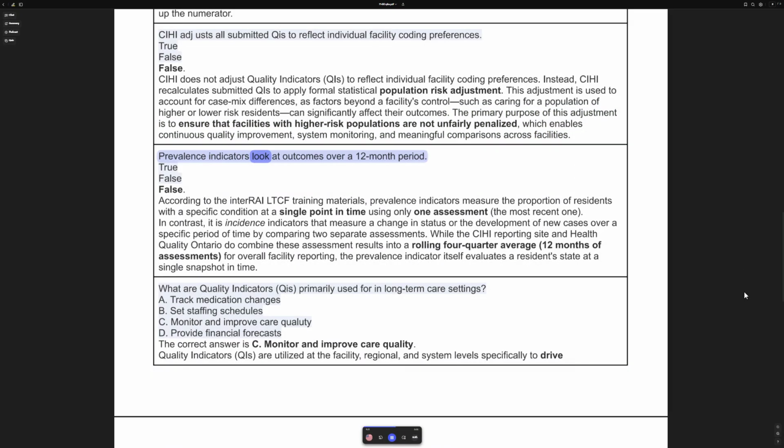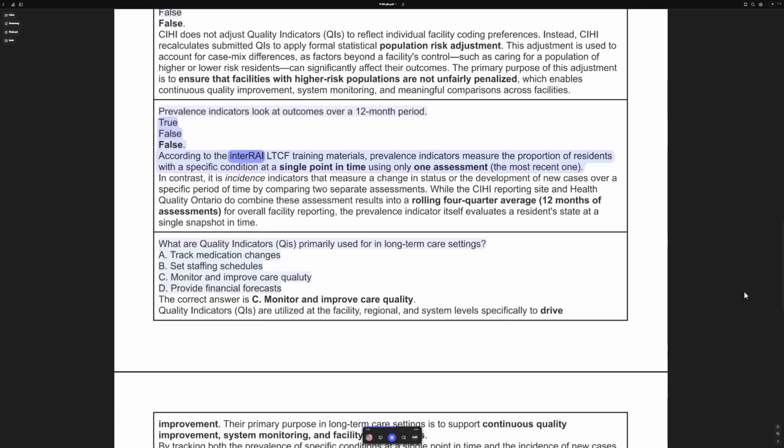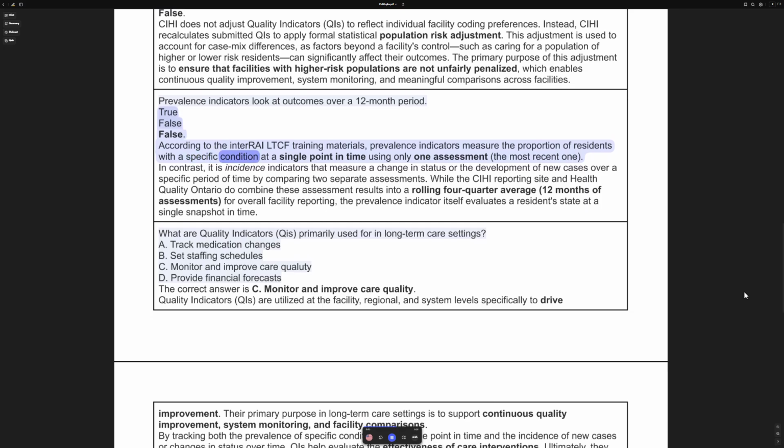Prevalence indicators look at outcomes over a 12-month period. True or false? False. According to the interRAI LTCF training materials, prevalence indicators measure the proportion of residents with a specific condition at a single point in time using only one assessment, the most recent one.